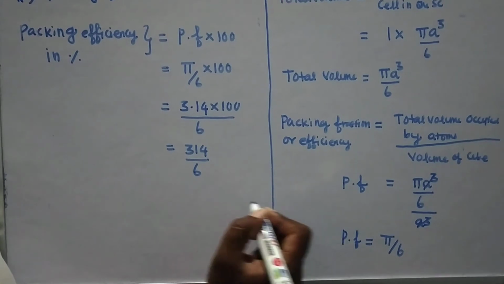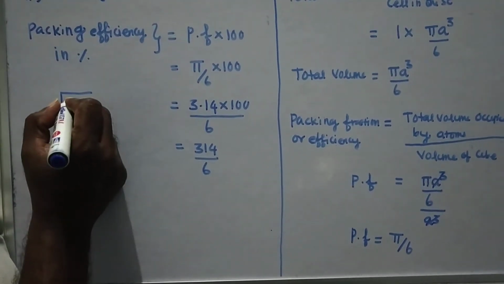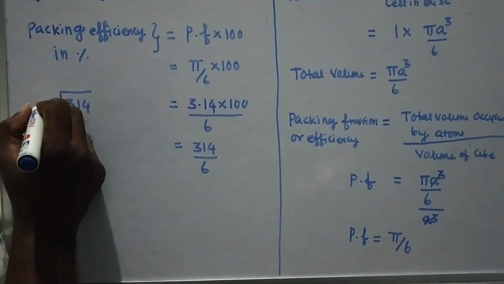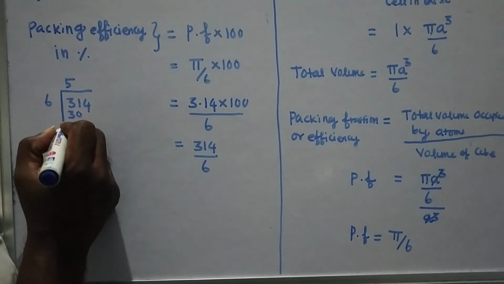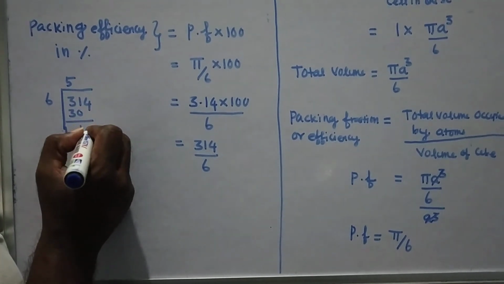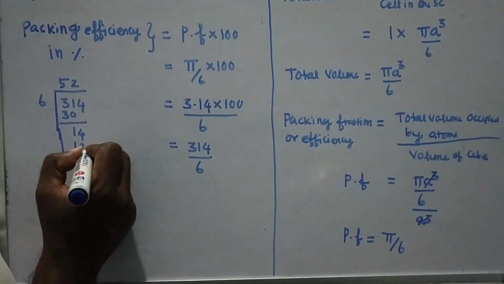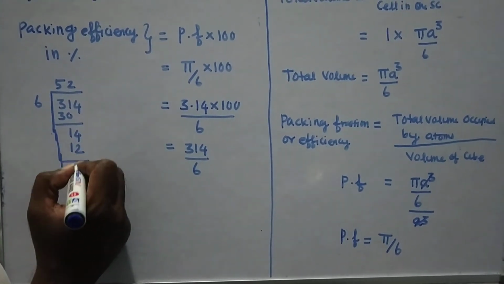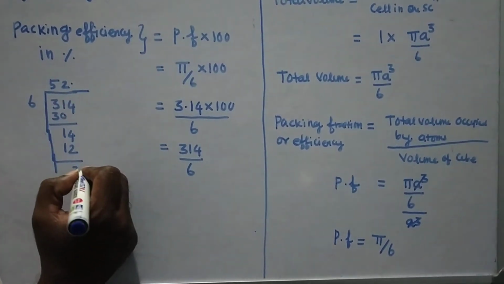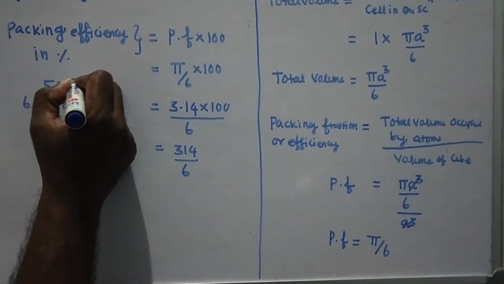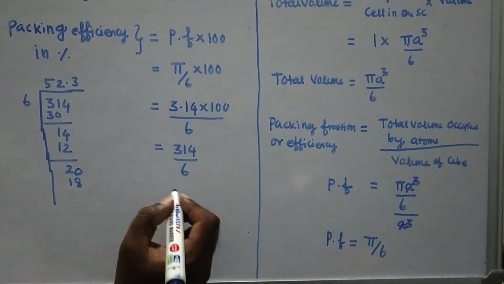If you divide the value here, 314 by 6, 5 times it's equal to 30. Then remains are 14. 2 times that is equal to 12. Then it's equal to 2. Then there is a point. There is a 20. It's again equal to 3. Then it's equal to 18. It's so on. Okay.